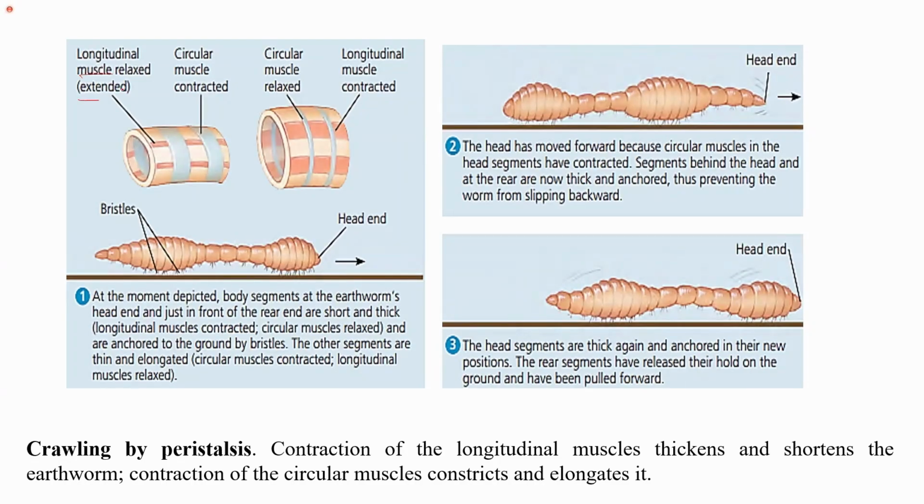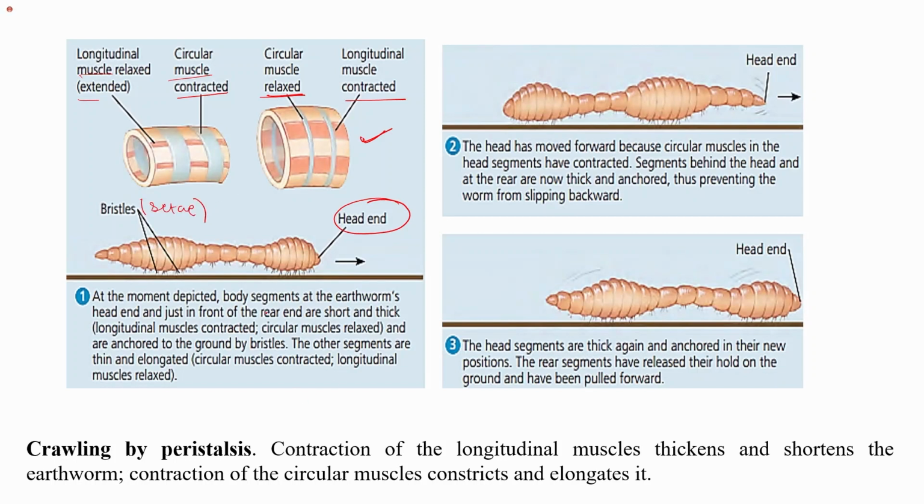When they are relaxed, they are extended, and in that state, circular muscles are contracted. While in this figure, you will see that the circular muscles are relaxed and longitudinal muscles are contracted. Suppose this is the head end, which is the anterior end, and these are the bristles, that is the setae.